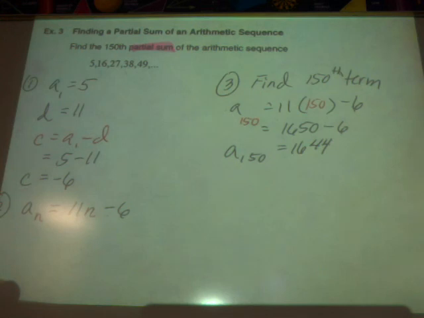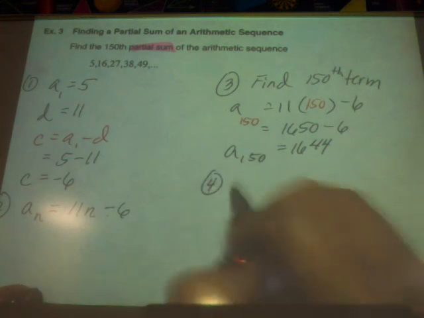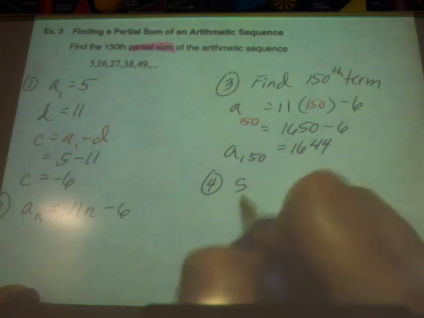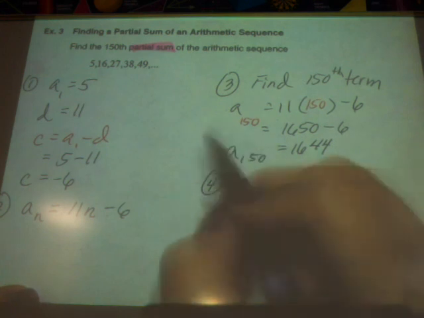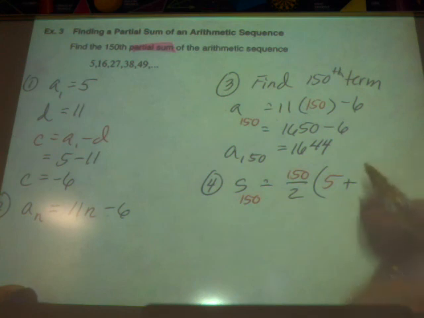And we know how many terms are in the sequence, the partial sequence. How many? 150. So then we can use that formula. S sub 150 is equal to 150 divided by 2 times a sub 1, which we found to be 5, plus the last term, which is 1644.